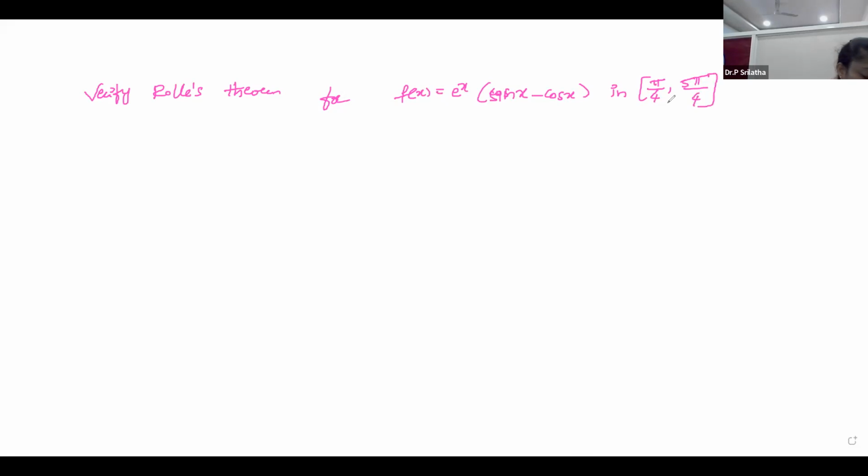Okay. So next question is the same: verify Rolle's theorem for the function f of x equal to x power 2 by 3 minus 2x power 1 by 3, in the interval 0 comma 8. Okay. And the last question is the function x log x equal to 2 minus x.